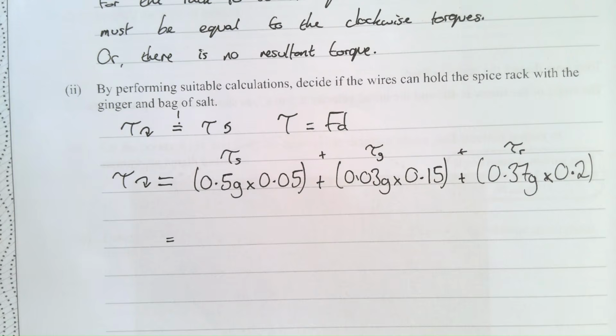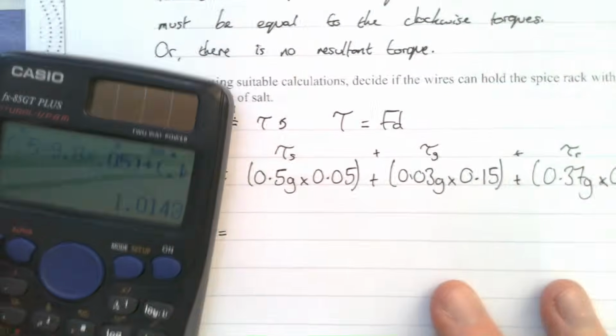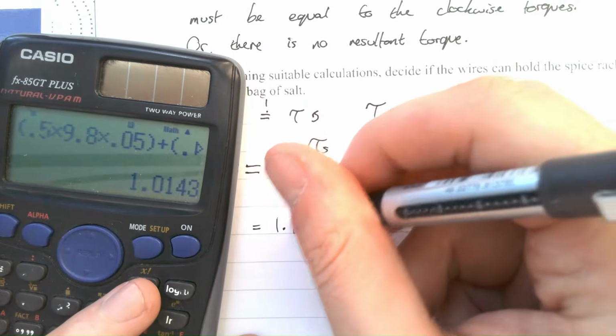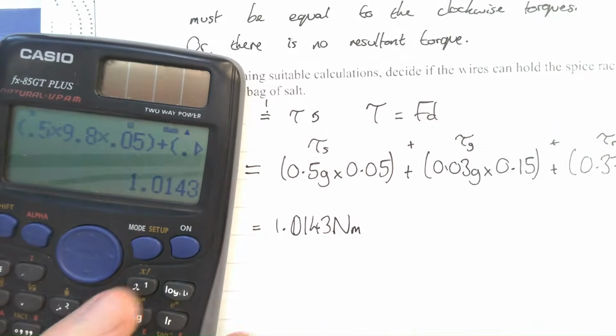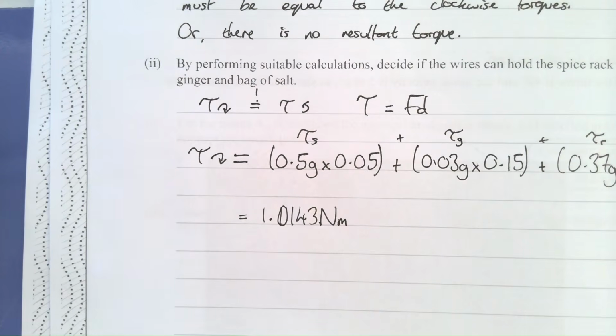And the last one, 0.37 times 9.8 times 0.2. This gives me a total clockwise torque of 1.0143 newton meters. Again, we've got force times distance, so we just combine our two units.